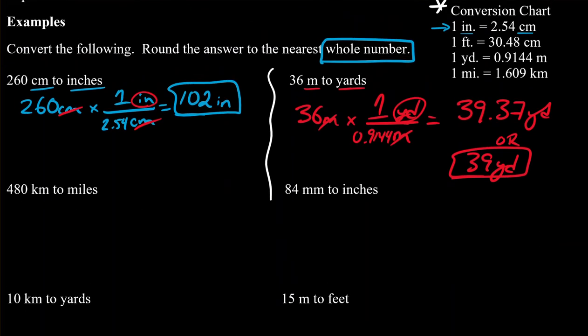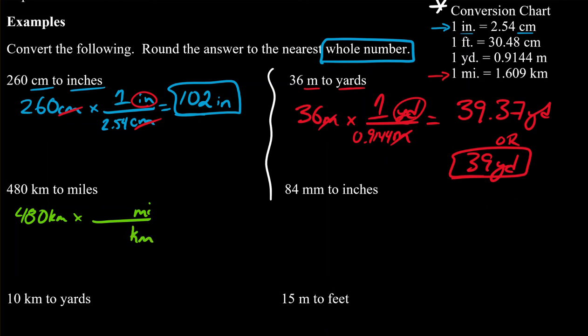480 kilometers to miles. Can we go straight from kilometers to miles? Yes, we have a relationship right here. It tells us kilometers and miles. No problem. So 480 kilometers, and we want to turn it into miles.